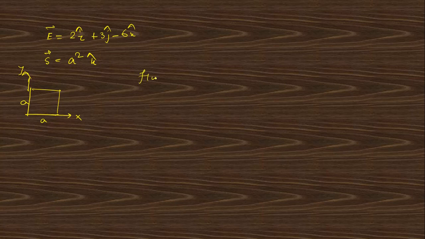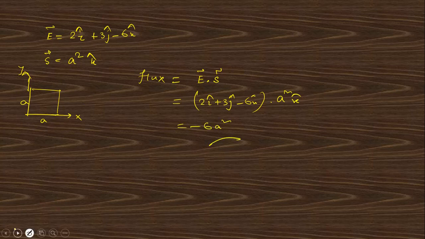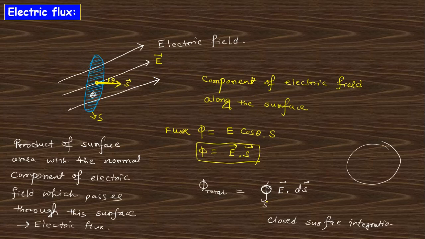So the flux is E dot S, that is (2 i cap plus 3 j cap minus 6 k cap) dot A square k cap, so finally we get minus 6 A square. This is the flux. I think you are clear about this closed surface integration.